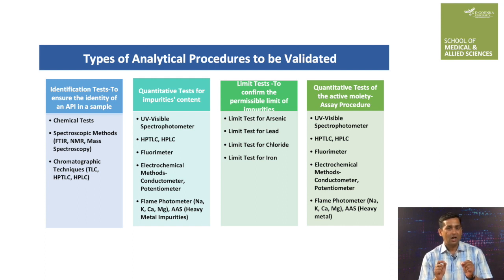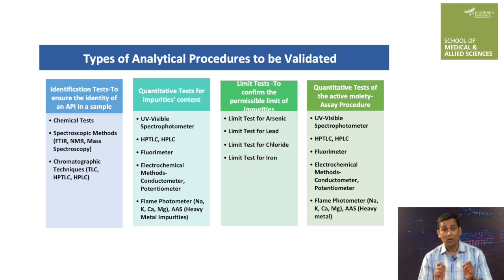Identification tests are very important in case of raw material as well. We need to confirm the identity of whatever chemicals we have purchased. For this, we can perform various qualitative chemical tests.